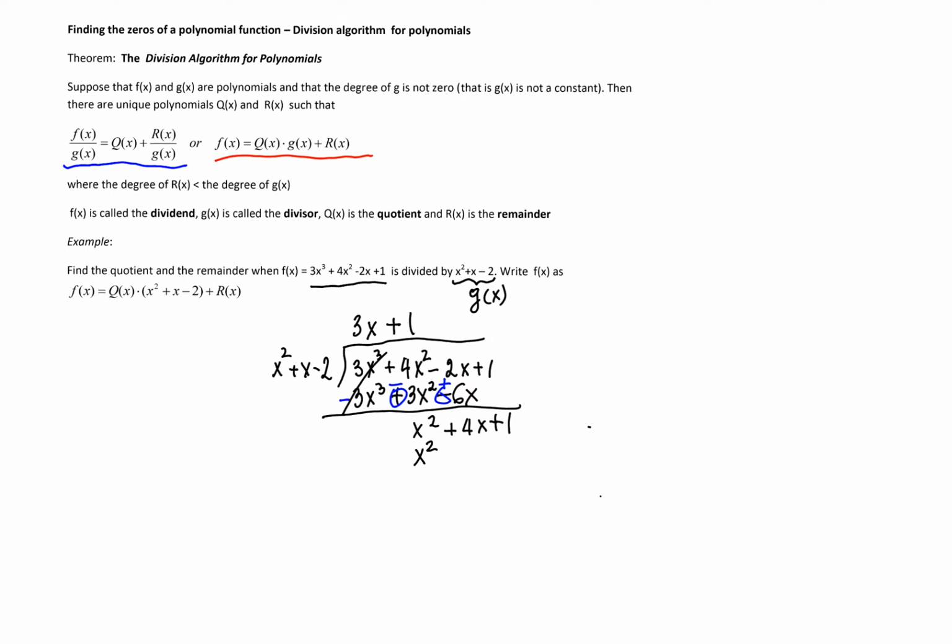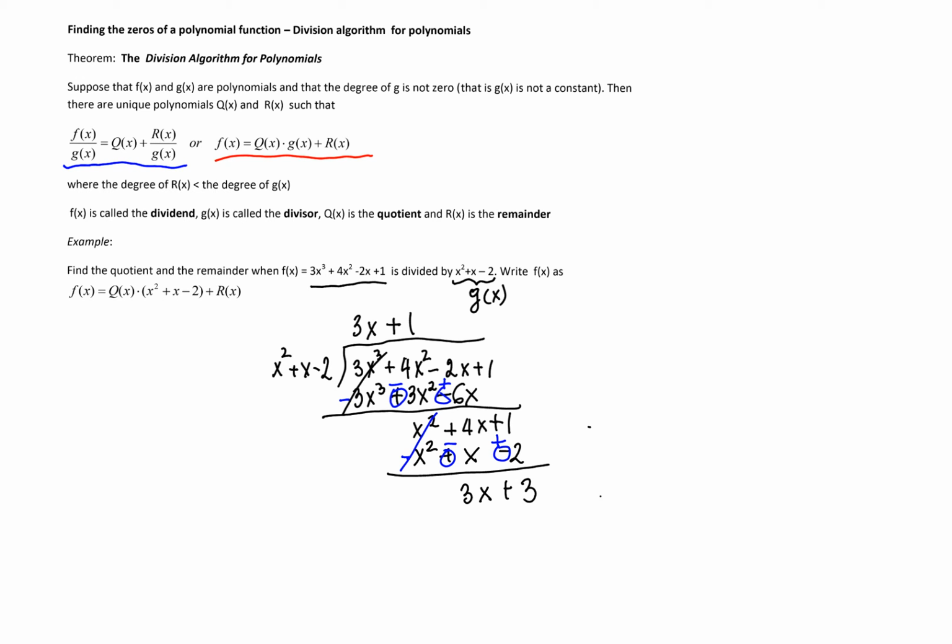So we'll have x squared plus x minus 2. And now we subtract. Again, subtracting means changing the signs to the opposite and adding the like terms. So what we'll get is 3x plus 3.